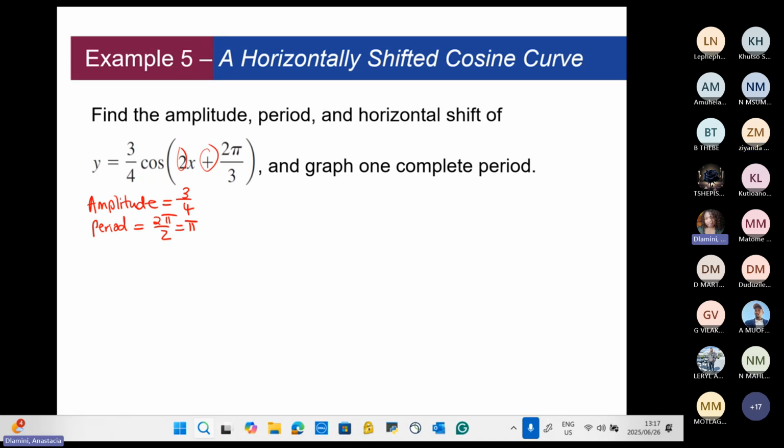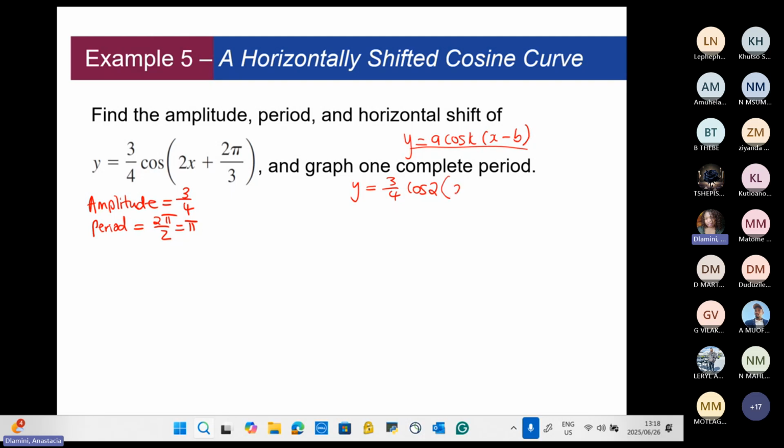Because mine is written as y equals a cos of kx minus b. So let's write this in terms like this. So y equals, my a is 3/4. We agree, right? Cos of 2, take out 2.